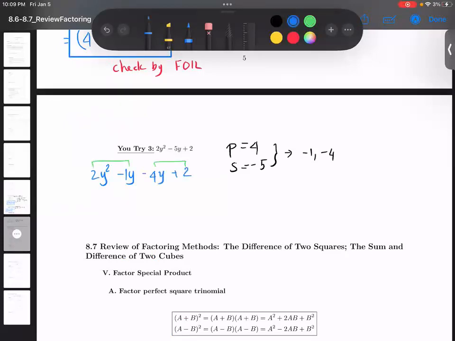Group. Factor out y for the first group; what remains is 2y minus 1. Factor out a negative 2 for the second group; what remains is 2y minus 1. Factor out 2y minus 1. What remains is y minus 2.